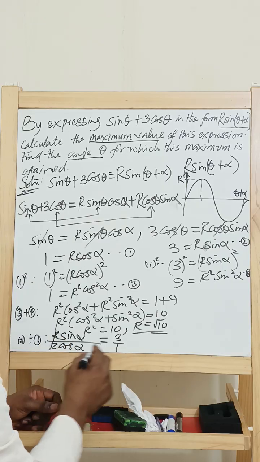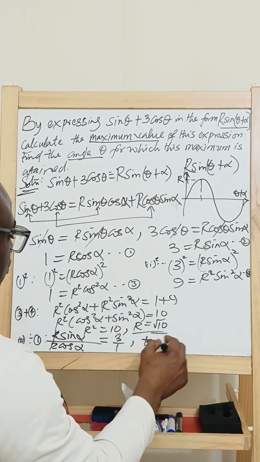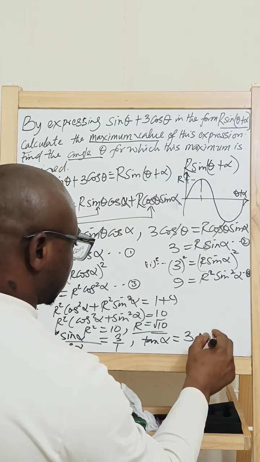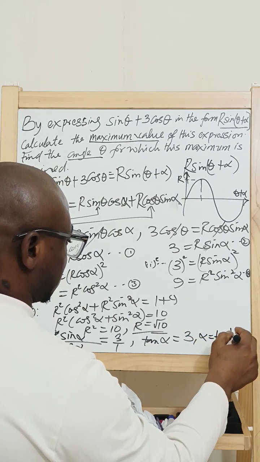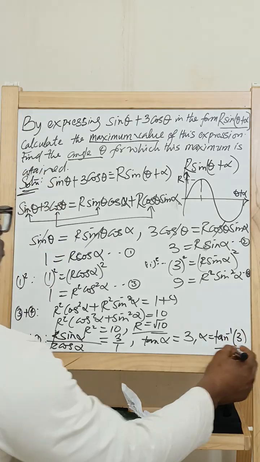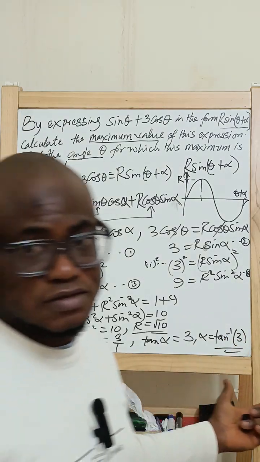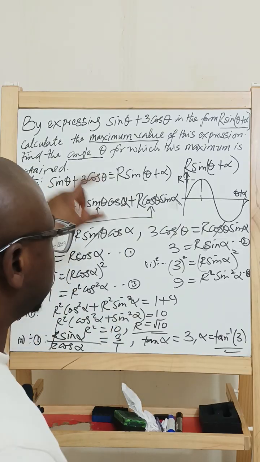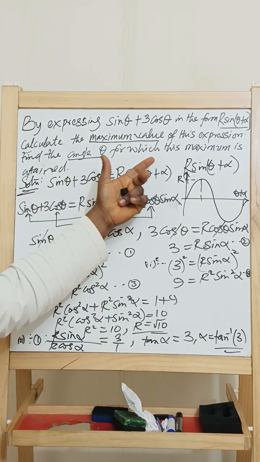The r cancels, then tan alpha is 3, and from here alpha is the inverse tan of 3. That's how we determine alpha.